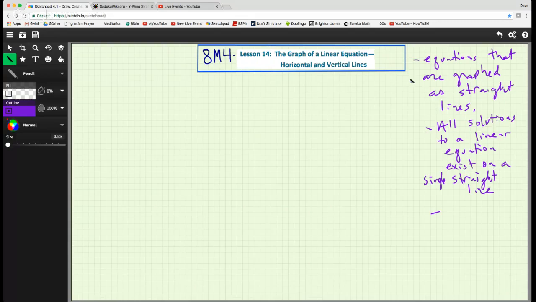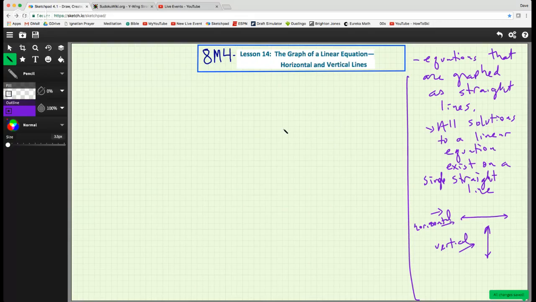And we're going to look today specifically at solutions that look like this and like this. Horizontal is flat, horizontal, and vertical.